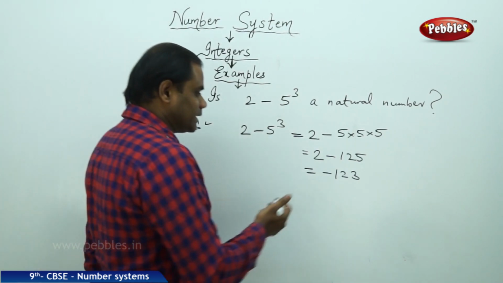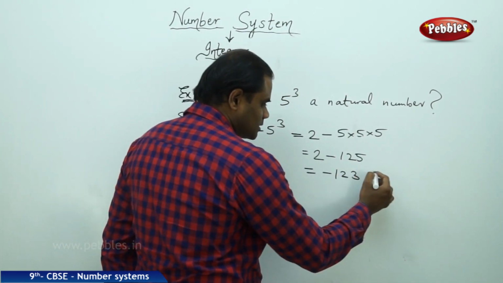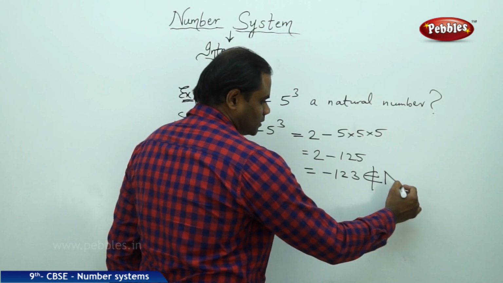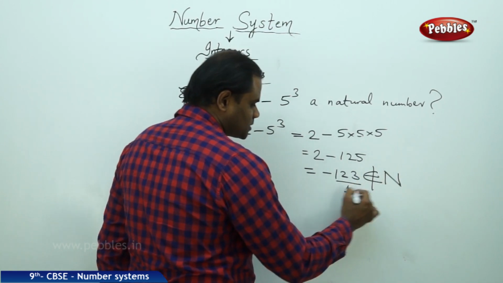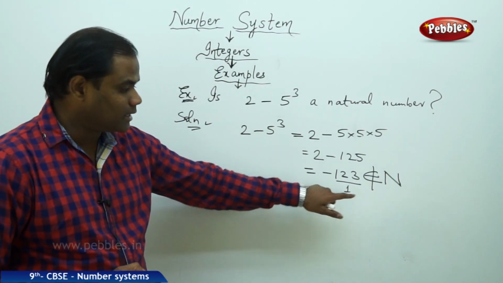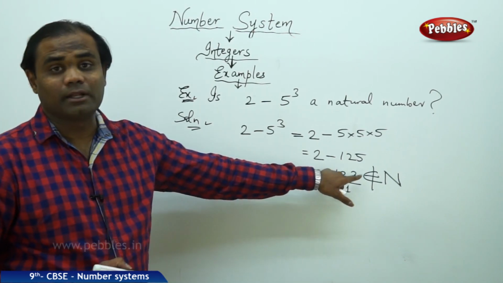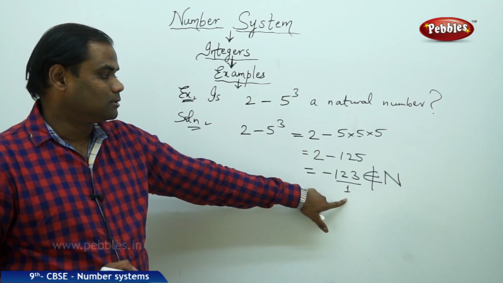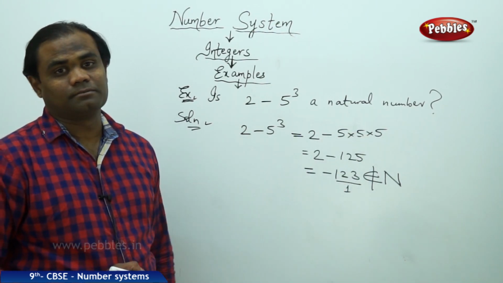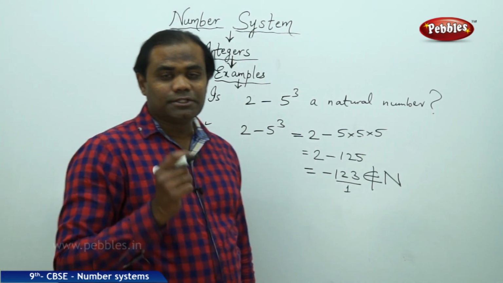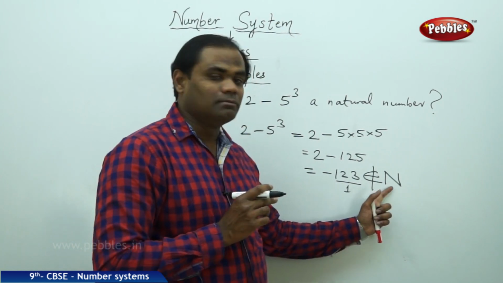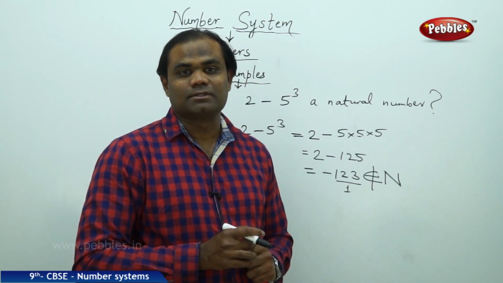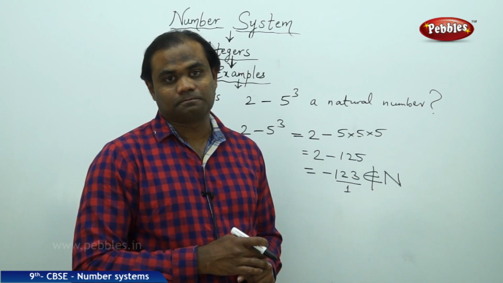Now with this, I clearly understand that this is not a natural number, though it can be expressed with the denominator as 1, as a non-decimal number. But this is an integer, because an integer has the negative natural numbers and the positive natural numbers, including the neutral 0.